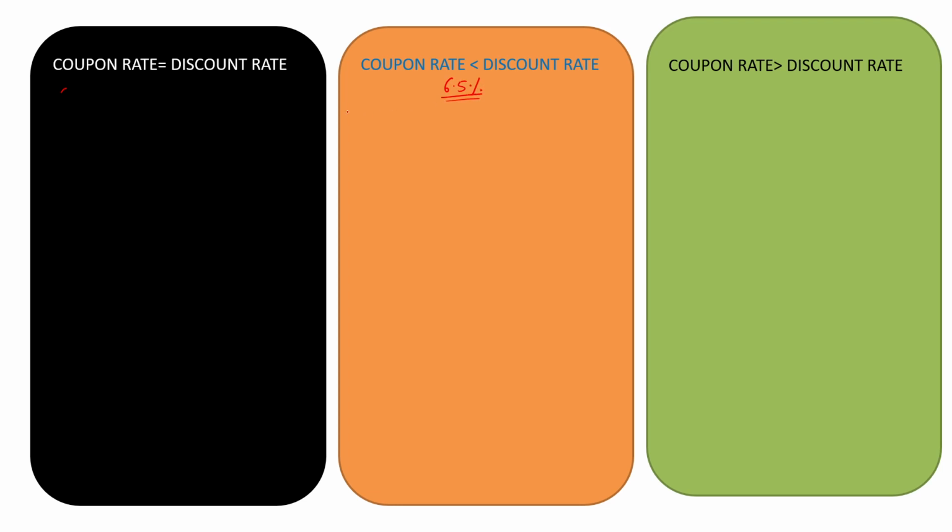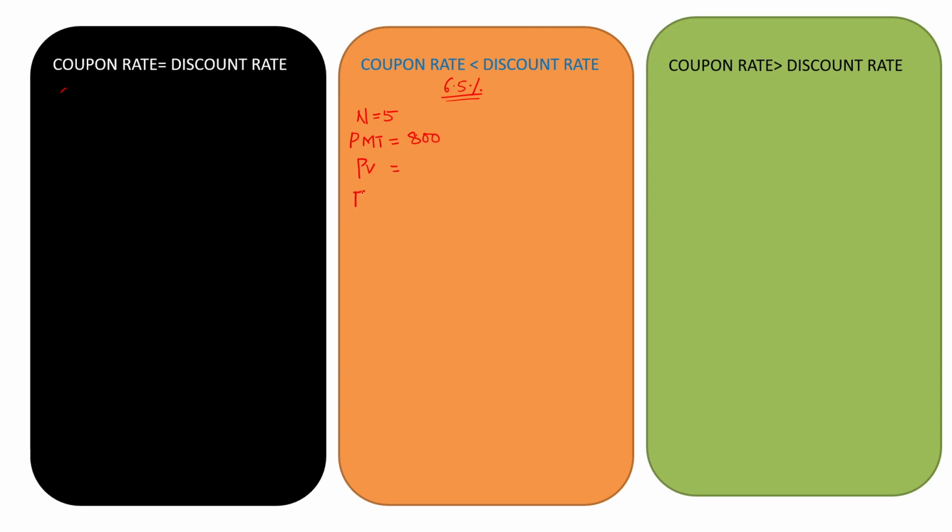Okay, so at 6.5, all that we have to do is press N equal to 5, that is the tenor, and then PMT: since you have invested $10,000, 8% of $10,000 comes out to be 800. So put PMT as 800, then PV, that's what you have to find out.